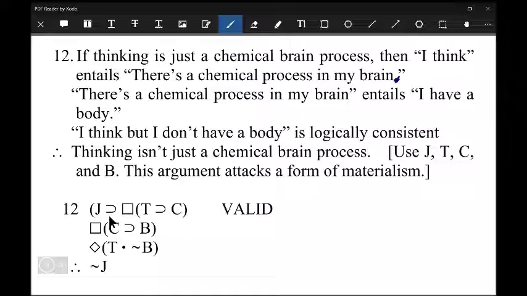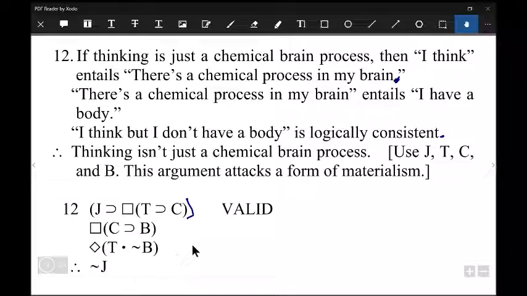Then, there's a chemical process in my brain entails I have a body. I think but don't have a body is logically consistent, which is this one. Therefore, thinking isn't just a chemical brain process.